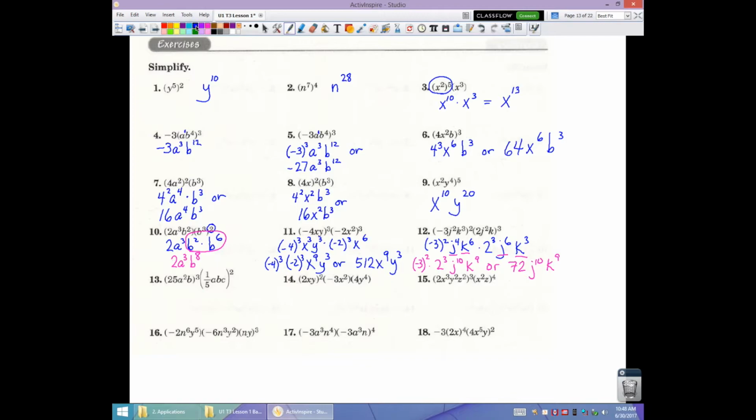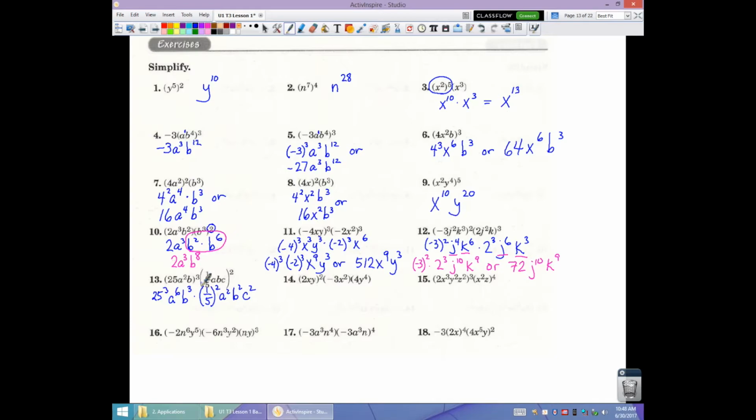Okay, number 13. We have to apply the power to a power first. So 25 to the 3rd power, a to the 6th, b to the 3rd, times 1/5 squared a squared, b squared, c squared.